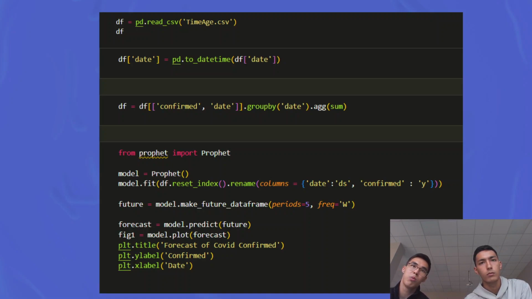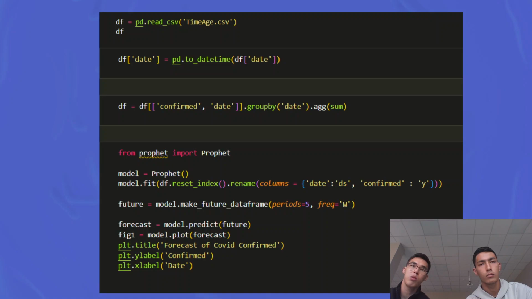And fourth, we loaded the Prophet model and fit it with our data frame, and then we made a prediction for the next 5 weeks. It's about 1 month. Then we did the forecast using the model's predict feature.